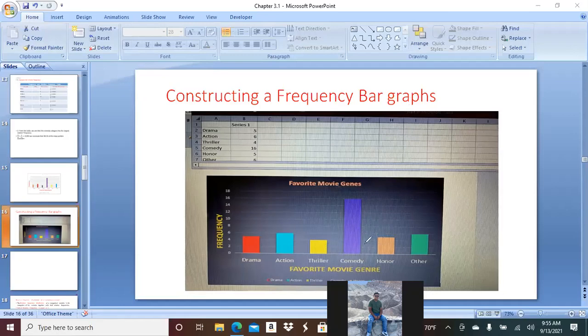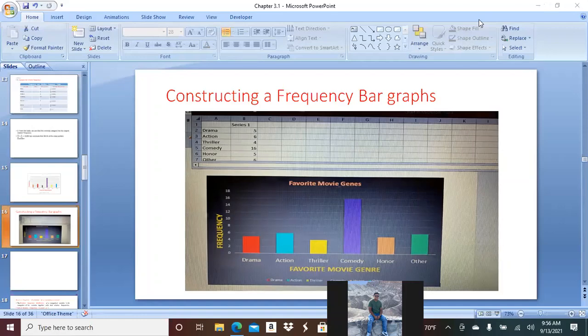Go to the document and then we construct the bar graph here. Because on the test, we had a question to construct this one as a pie chart. If you go to Word, you can construct the frequency bar. I will show you how to do it.